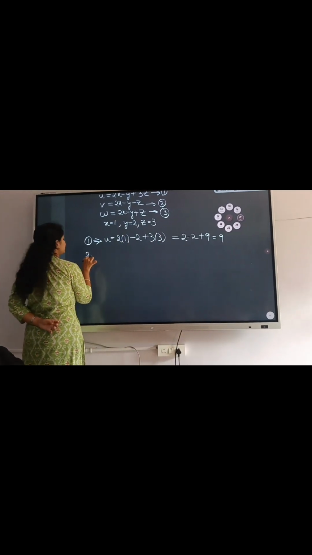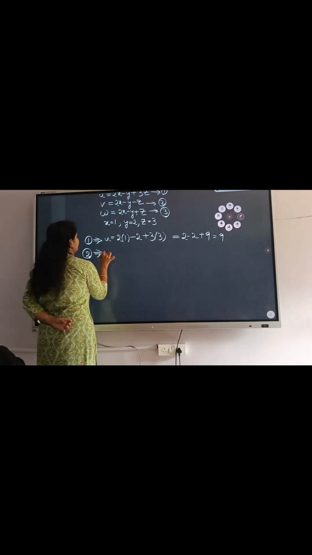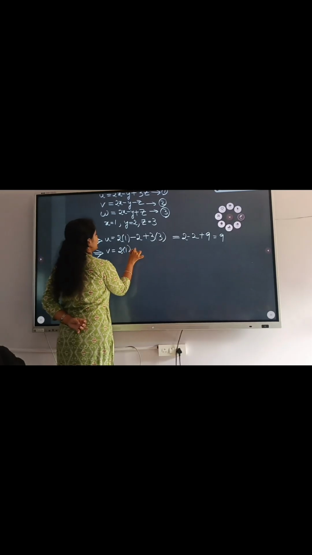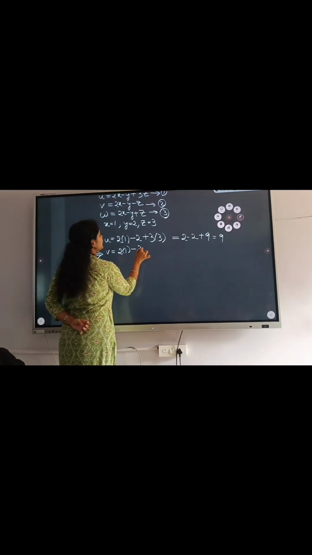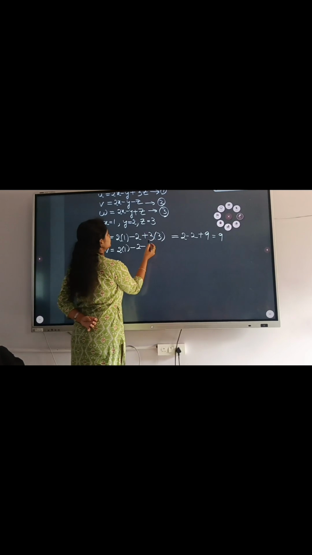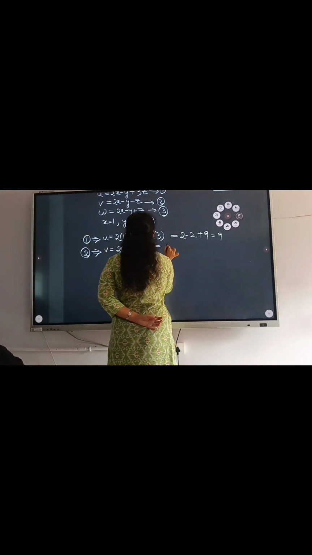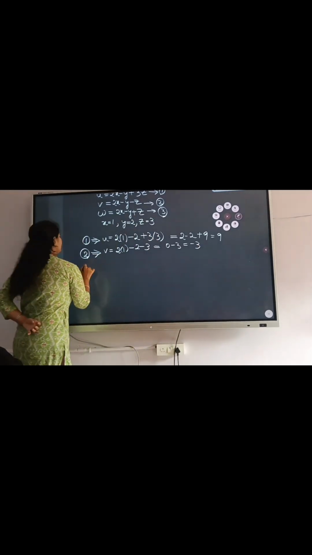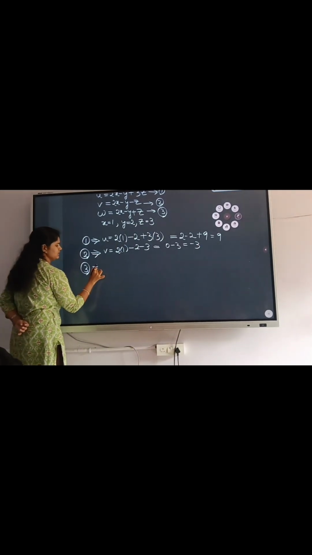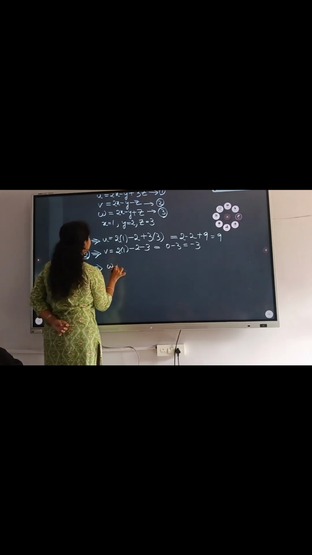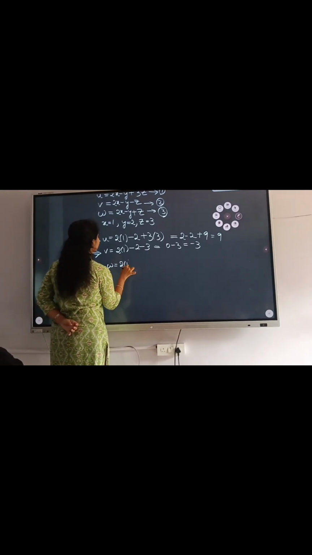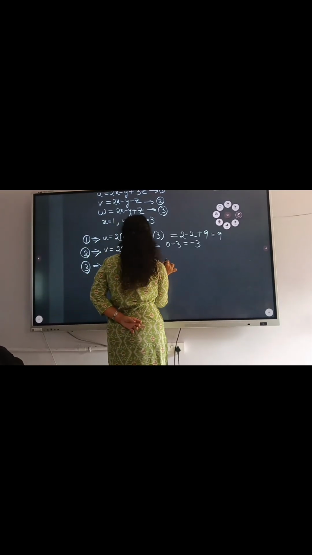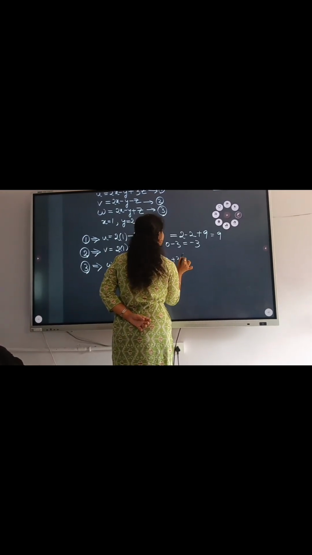Equation 2 implies v equals 2 into 1 minus 2 minus 3, so 0 minus 3, which is minus 3. Equation 3 implies w equals 2 into 1 minus 2 plus 3, which is 0 plus 3.